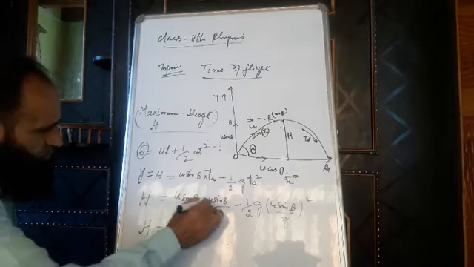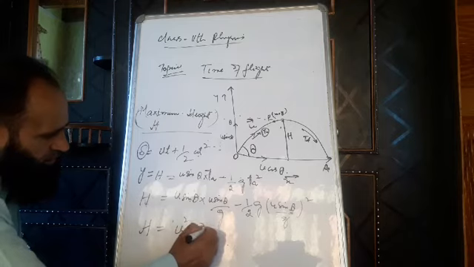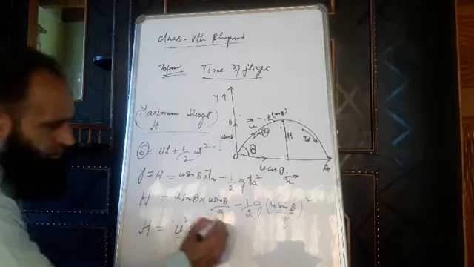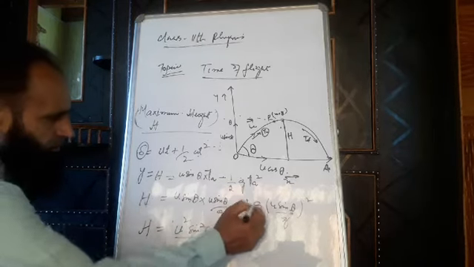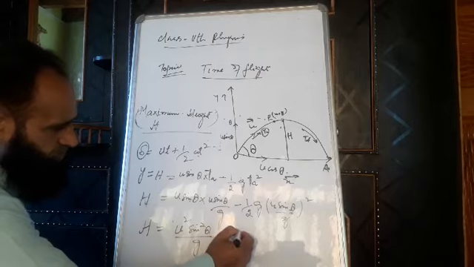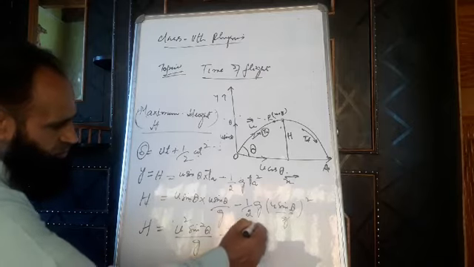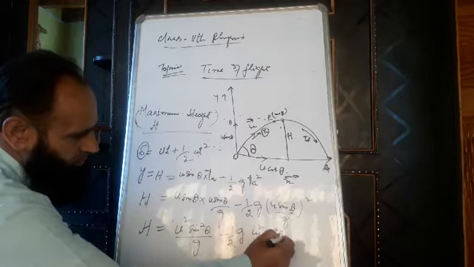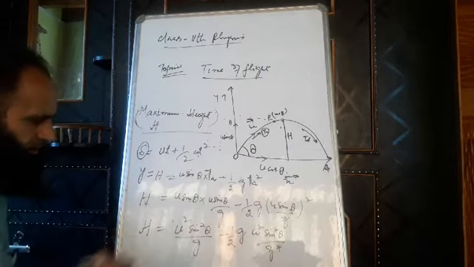h is equal to u into u sine theta, that is u square sine square theta divided by g, minus 1 half g into u square sine square theta divided by g square, and this g may cancel.